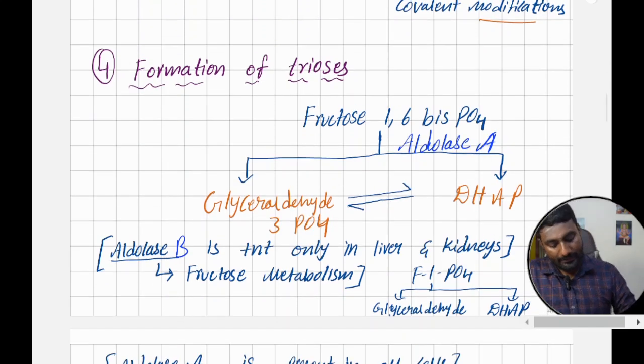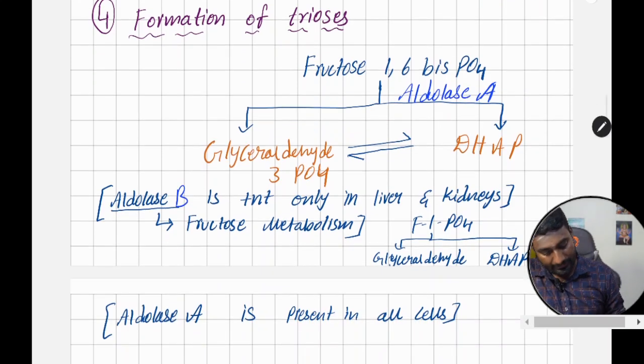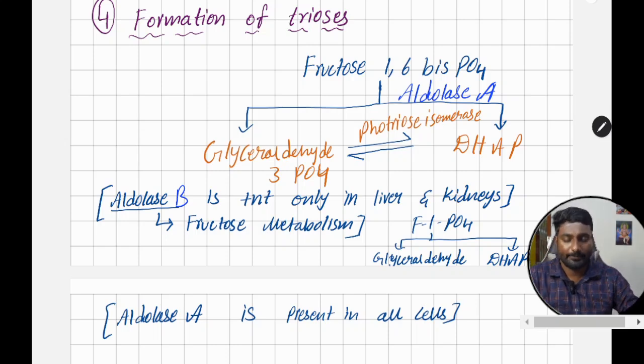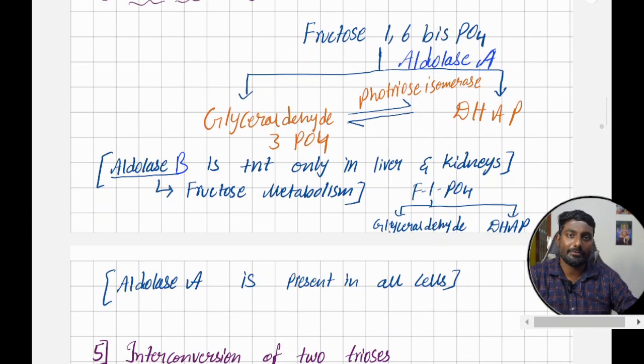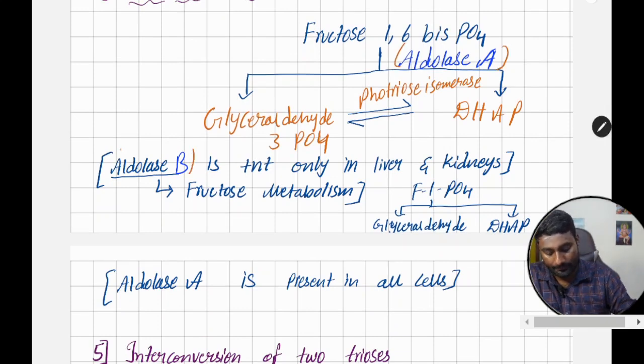So, this dihydroxyacetone phosphate will also get converted into glyceraldehyde 3 phosphate, of course, we will see in the next steps, with the help of phosphotriose isomerase. Okay, got it? Just don't be confused about aldolase A and aldolase B. Just be careful when you are attempting these MCQs.